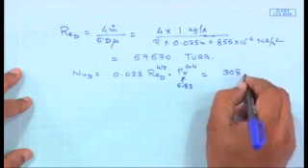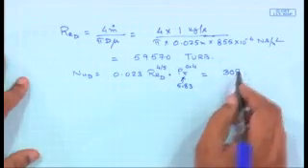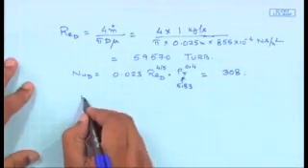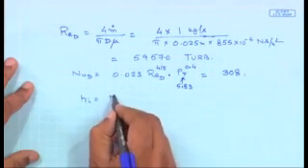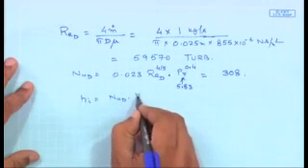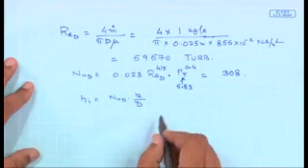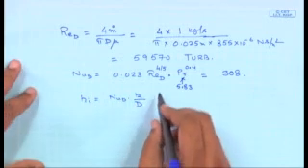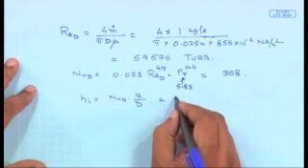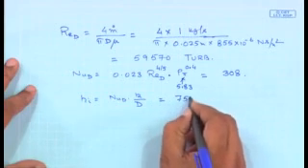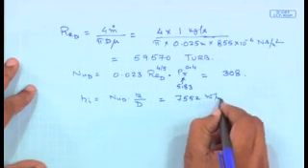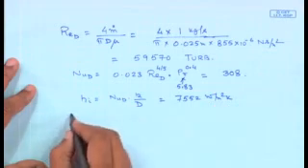So, once you do all these, the Nusselt number is going to be equal to 308, and Hi would therefore be Nusselt number times K by D, where K is the thermal conductivity and D is the diameter. So, this Hi would turn out to be 7552 watt per meter square Kelvin.